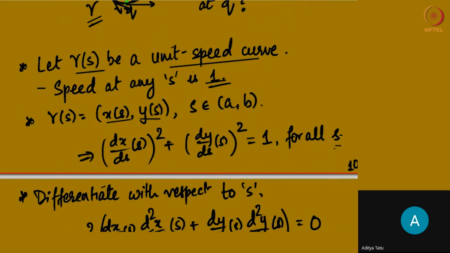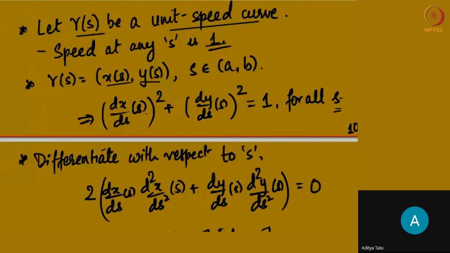Okay, so this is nothing new. Both sides are functions of s, so we should be able to differentiate both sides with respect to s. What happens when you differentiate the left hand side? Twice dx/ds times d squared x/ds squared.